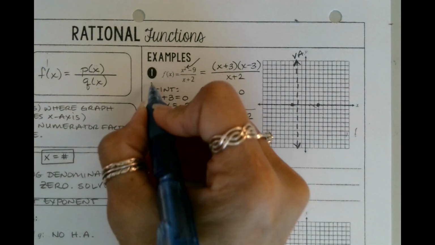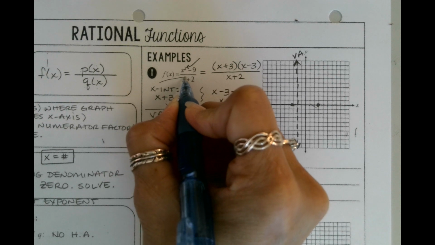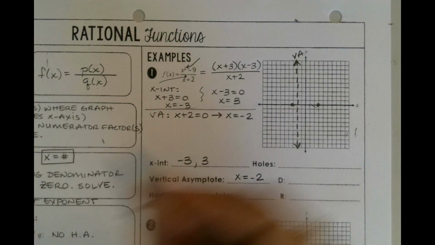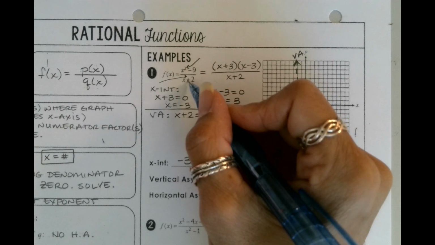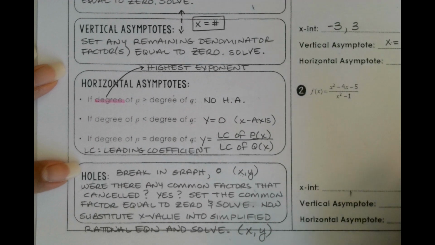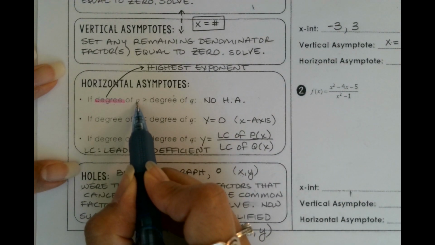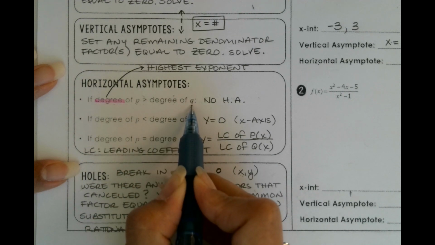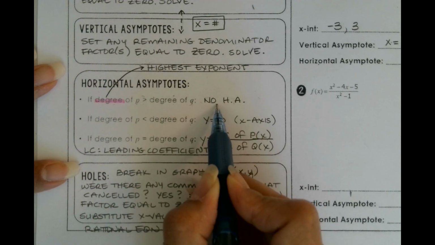The degree in the denominator was an invisible 1, because that's x to the 1. 2 is larger than 1. I come over here. P is the numerator. That one is definitely larger than 1. It tells us then that there are no horizontal asymptotes.